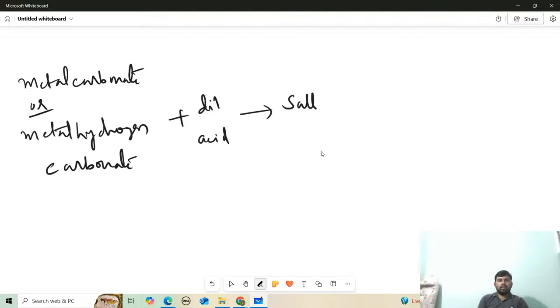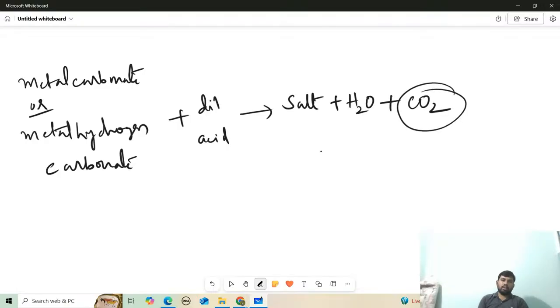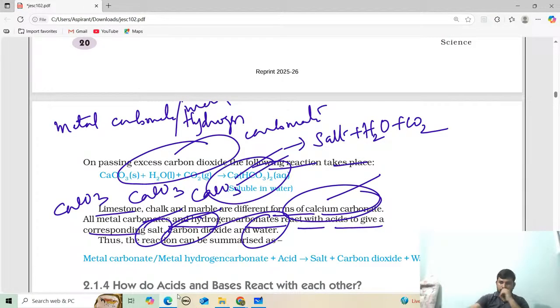One is salt, second is H2O, third is CO2 gas. This is very, very important. CO2 gas is important. So remember, and after that, the next concept. See, what have they given in the next concept?